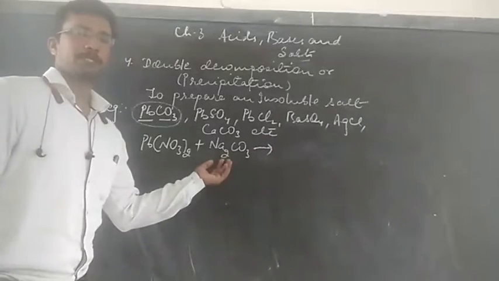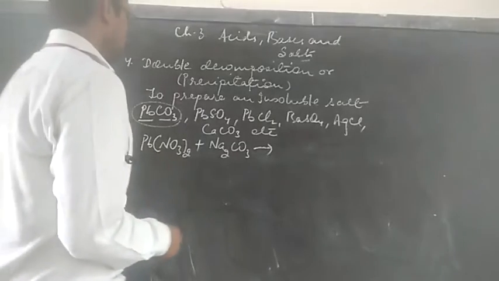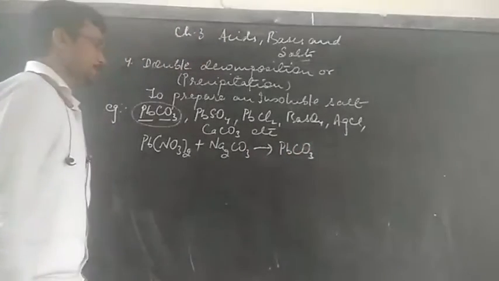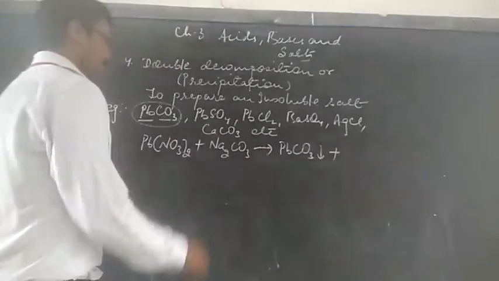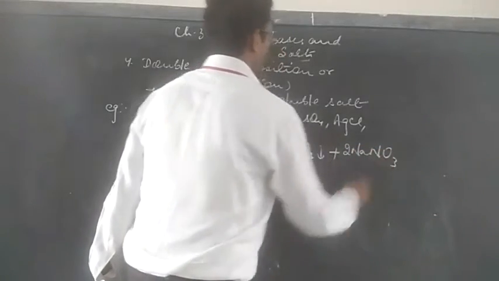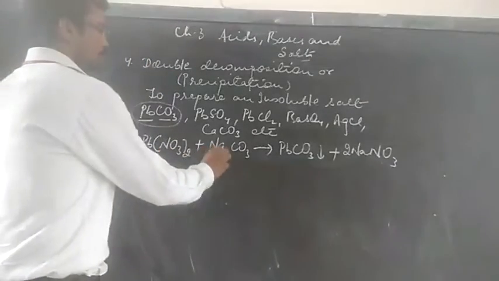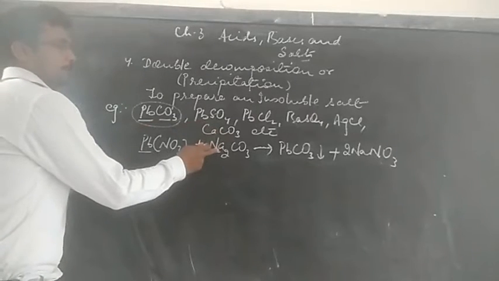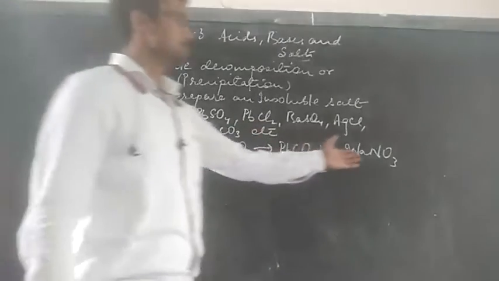We can also take potassium carbonate as it is also soluble, and the reaction between these two will give lead carbonate plus sodium nitrate. Since it is a double decomposition reaction, these two radicals exchange their places. Lead will replace sodium and sodium will take the place of lead to give you these two products.